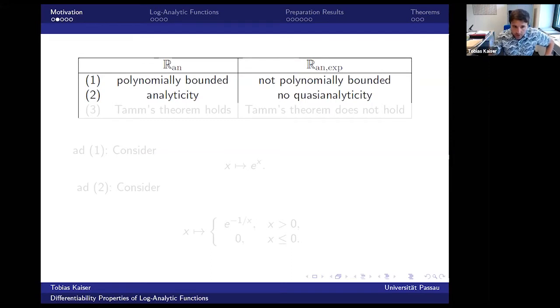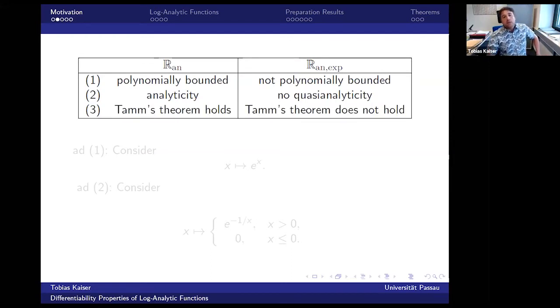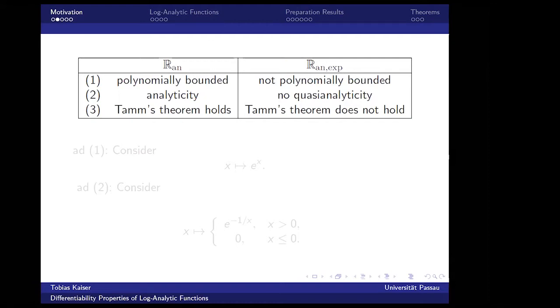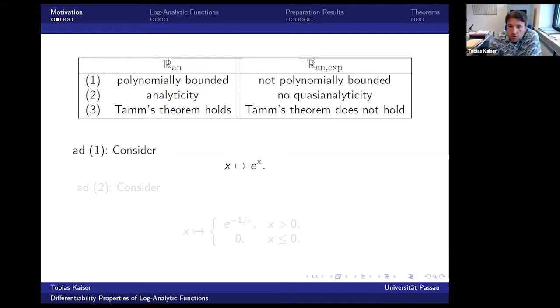In the first structure, so-called Thom's theorem holds. In the second one, it does not hold. I will explain it later. So 1 and 2, we are of course familiar with that. The exponential function is of course not polynomial bounded.